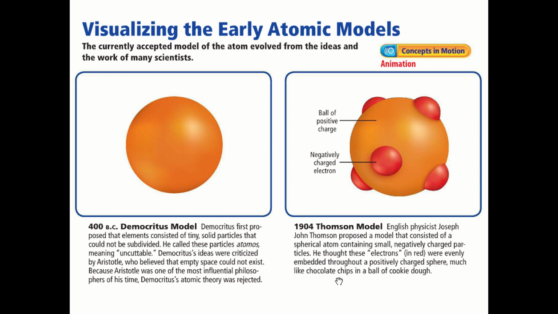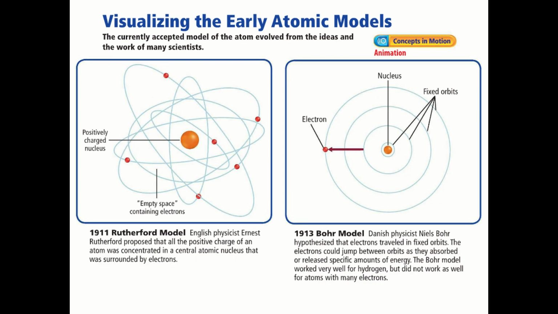So think about, as the book says, a cookie with chocolate chips. So the cookie would be a positively charged atom, and inside this positively charged atom we have those chocolate chips, which are representing the negatively charged electrons.